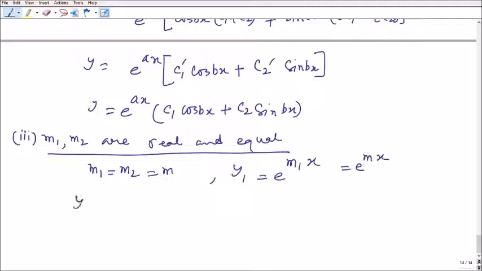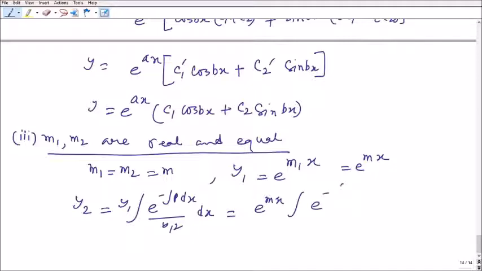The next solution is y2 equal to y1 times the integration of e to the power minus integration p dx, divided by y1 square, into dx. Here y1 is e to the power mx.